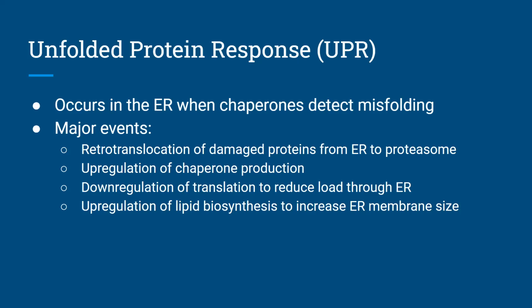You're going to downregulate your translation, because that will decrease the load and the strain put on the ER, so you can focus on fixing the misfolded or unfolded ones. And then you're going to regulate your lipid biosynthesis, which increases the overall volume of your ER, so it can do all of these processes more efficiently.